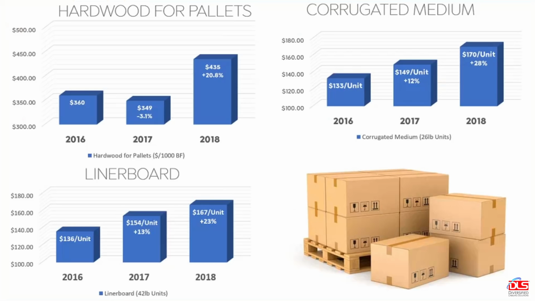The corrugated medium, we're up 28% from 2016, and those are actually measured by 26-pound unit cubes. Typically what they measure those by. And linerboard. Linerboard's up 23%, and that's measured in 42-pound unit cubes. So again, double digits all across the packaging industry here.